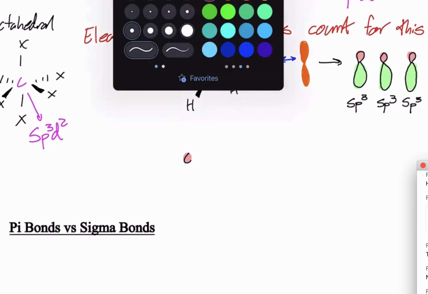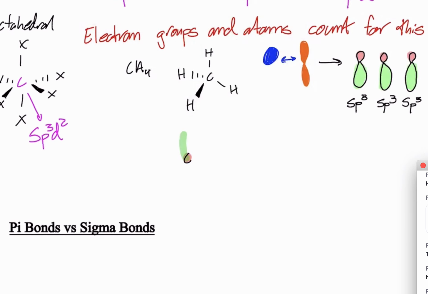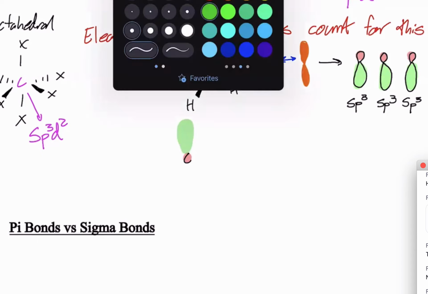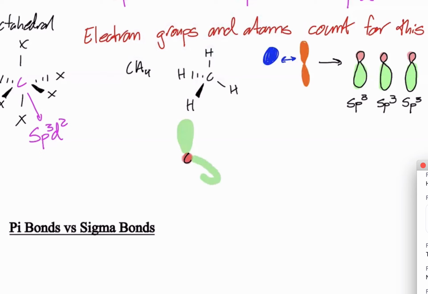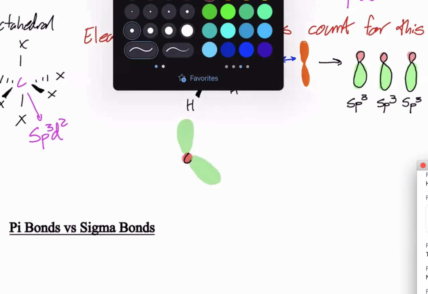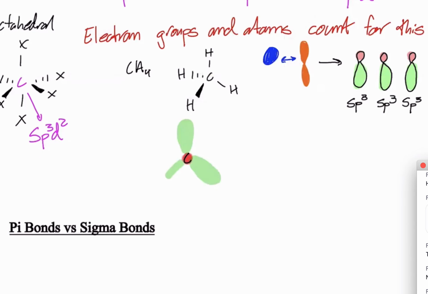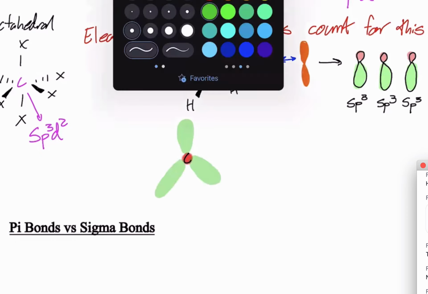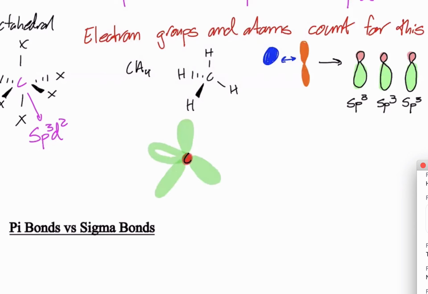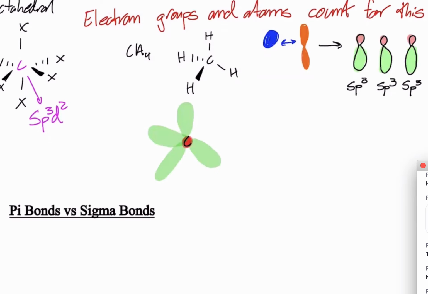So you have these hybrid orbitals that are facing off in the direction of bonding. So all those little small parts are all converging on that carbon, and all of the bigger parts are extending outwards, and they're ready to bond. Okay, so that's what that carbon is going to look like when it's hybridized.